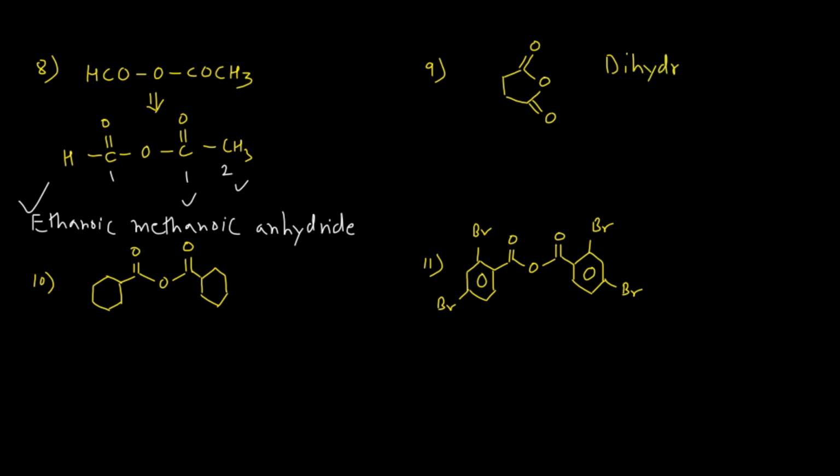Why dihydro? Because earlier, for example, you have a double bond here, but in this example this double bond has vanished, and to complete the valency of the carbon, this carbon and this carbon will have an extra hydrogen. That's why we write dihydro here. So it is dihydro, and after dihydro, the 5-membered ring containing oxygen, so we will write furan for this one.